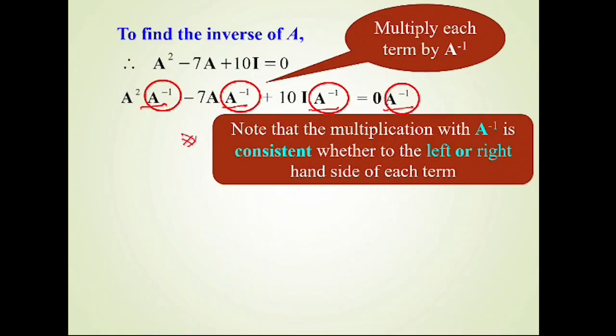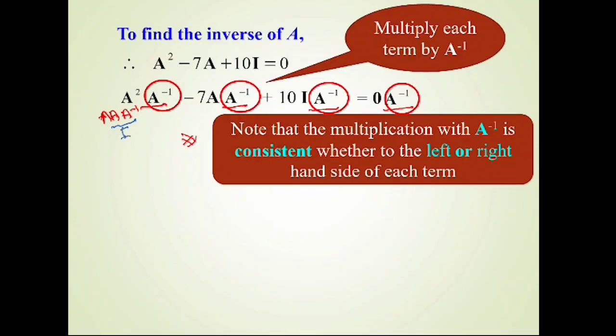Now to solve this equation, A squared is simply A times A, and then we have times A inverse. Remember that A times A inverse is just the identity matrix.